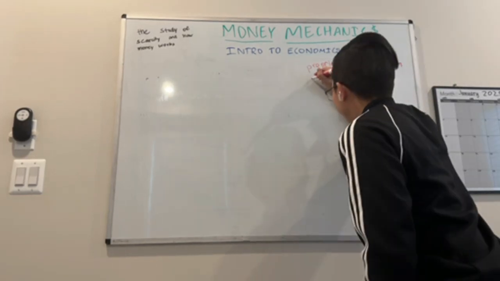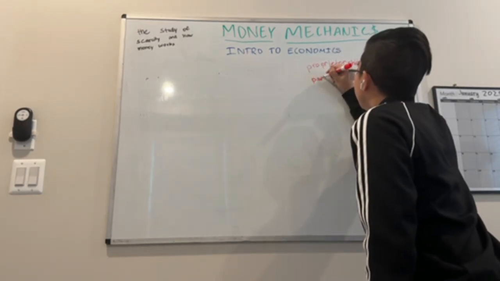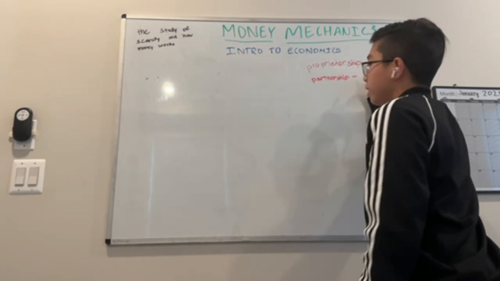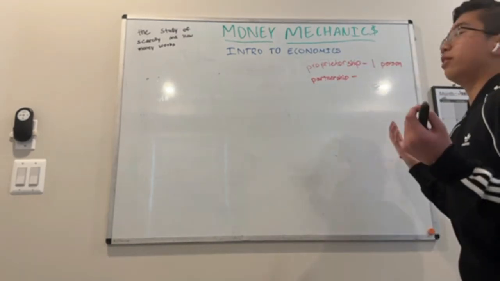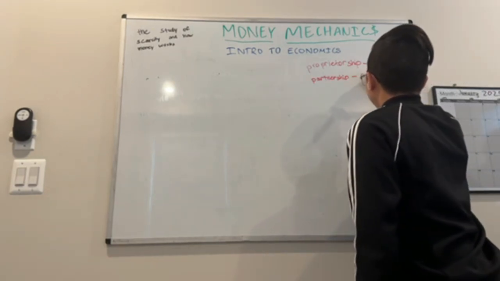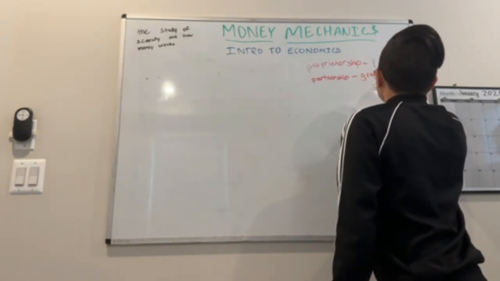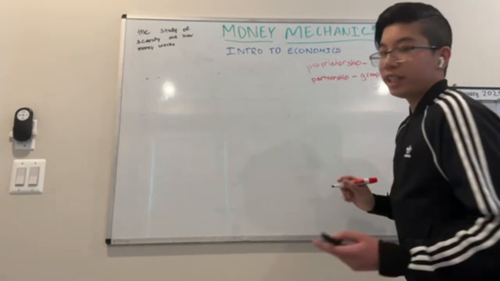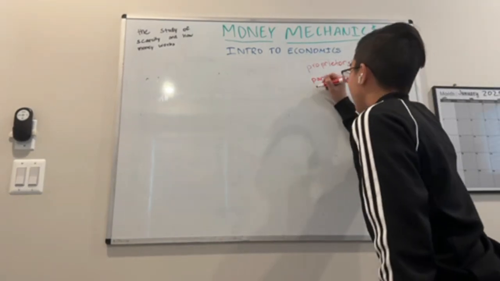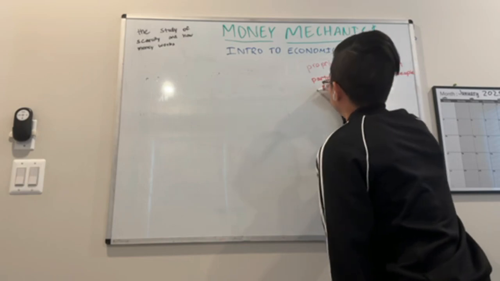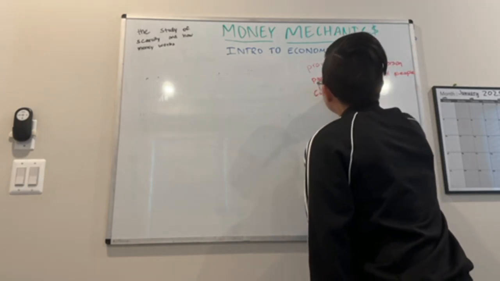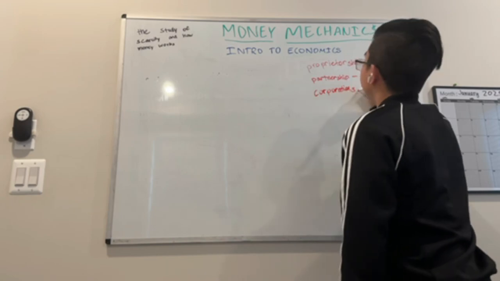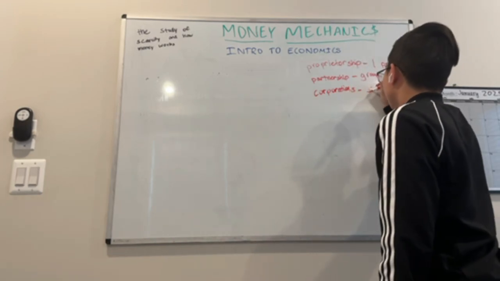Then there's partnership, meaning it's owned by two or three or a whole group of people. And then you have corporations, such as Apple or Nvidia. They have shares, you can buy the stocks.